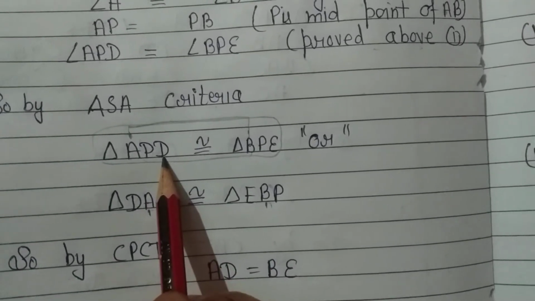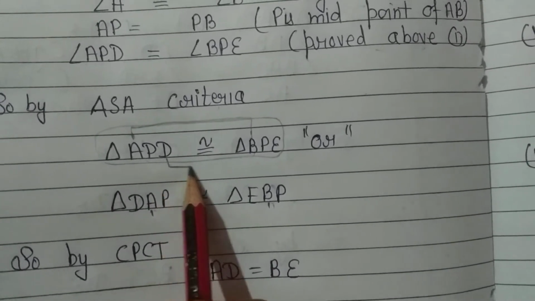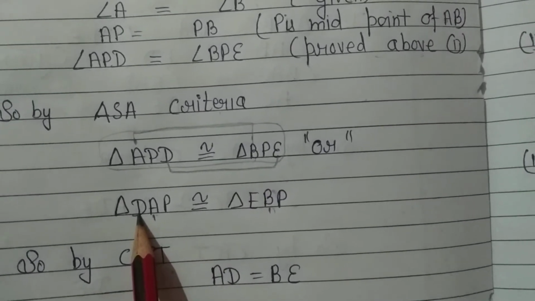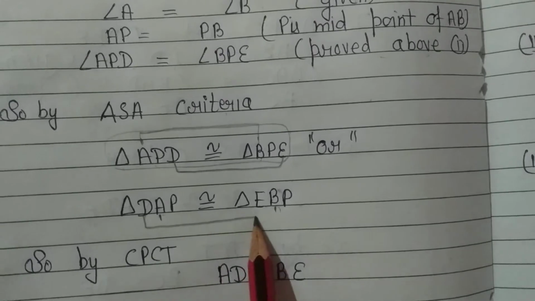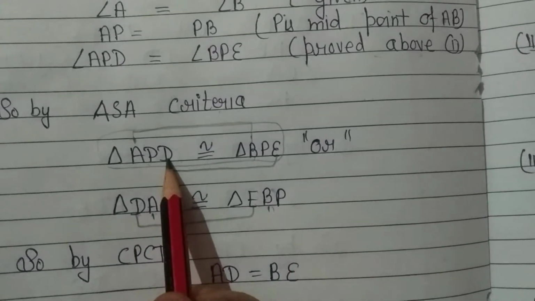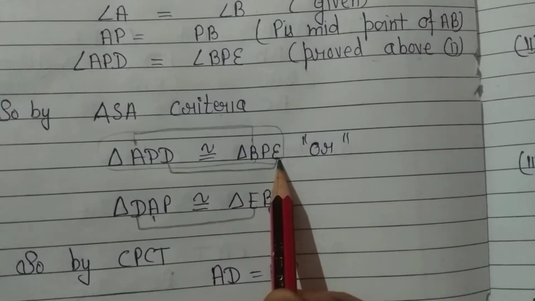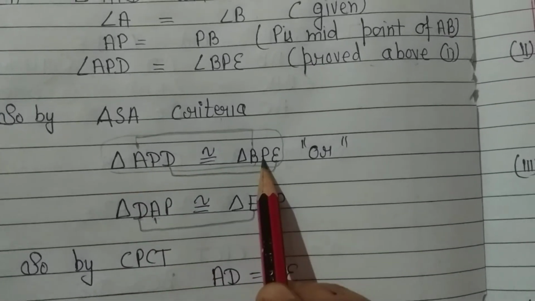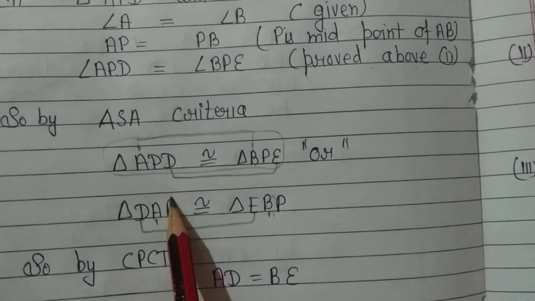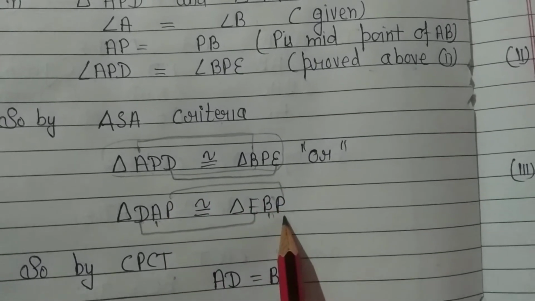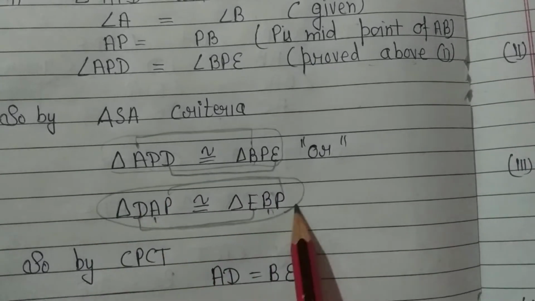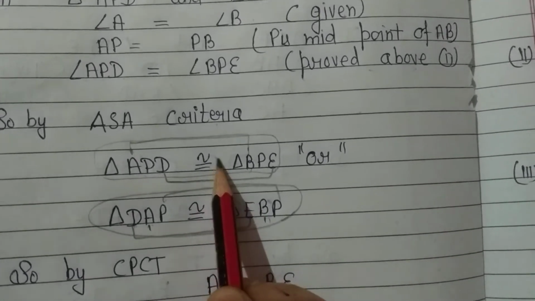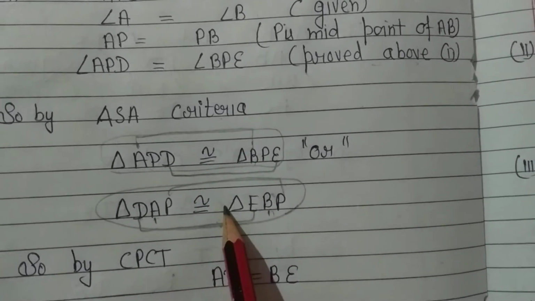For the correspondence of D, there is E, same here. For the correspondence of D, E is written at the first. Here I have written at the third position. Same for P, here in between, P in between. Same here I have written in the last. According to the given question, it was given, but I have written it like this, and both are correct.